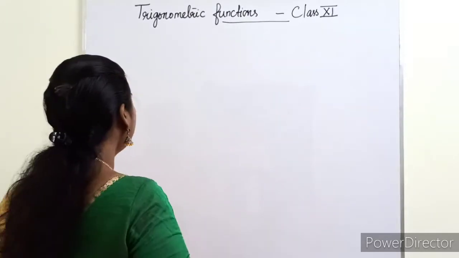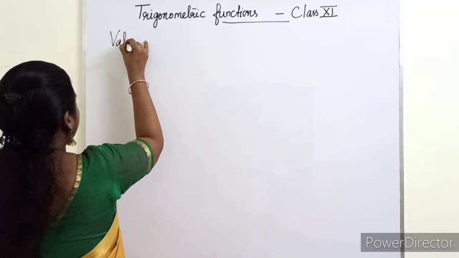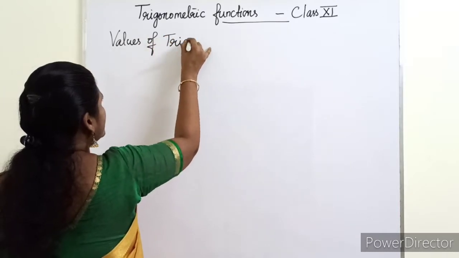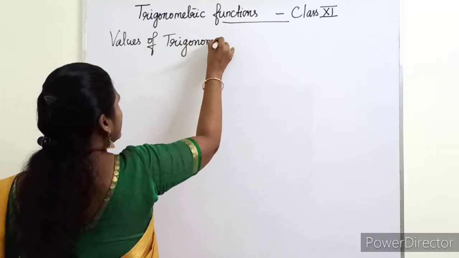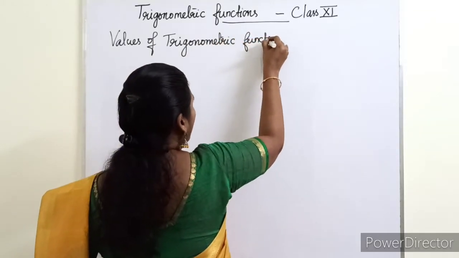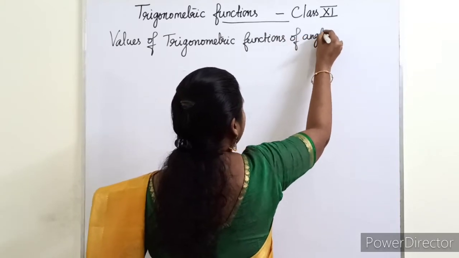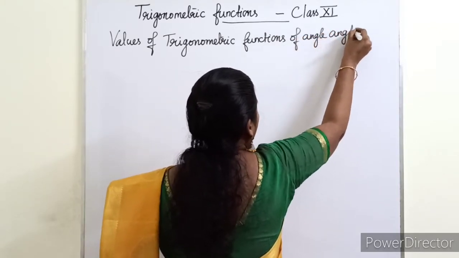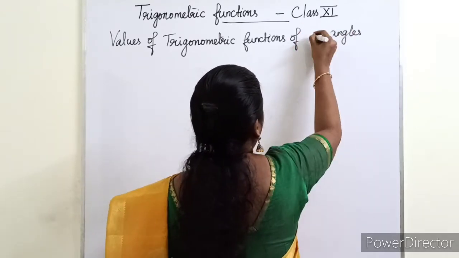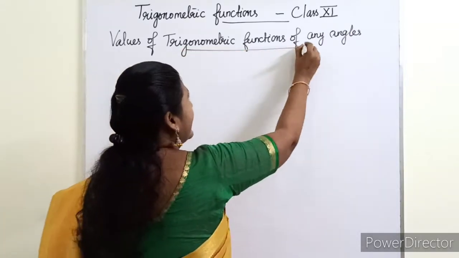So first one, how to find the values of trigonometric functions of any angle. So what is its meaning? How to find the values of trigonometric functions of any angles.